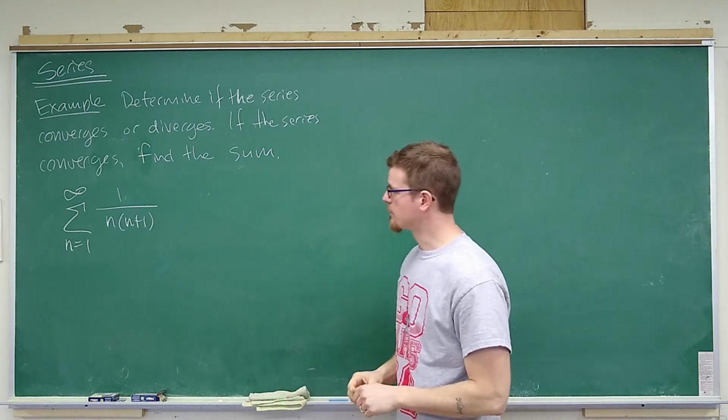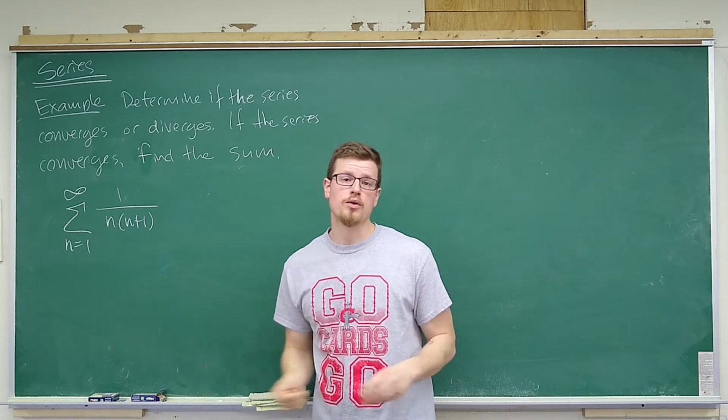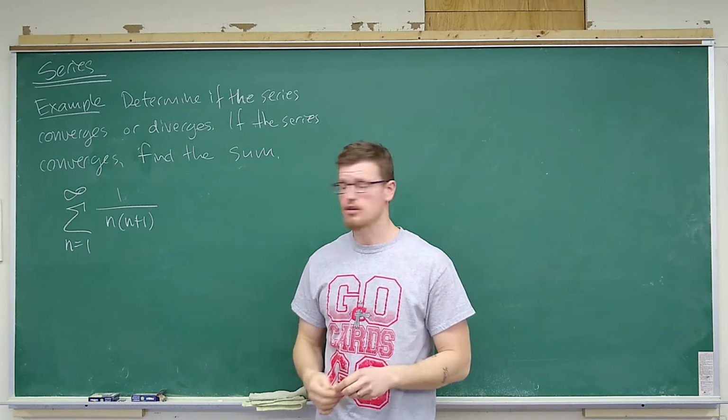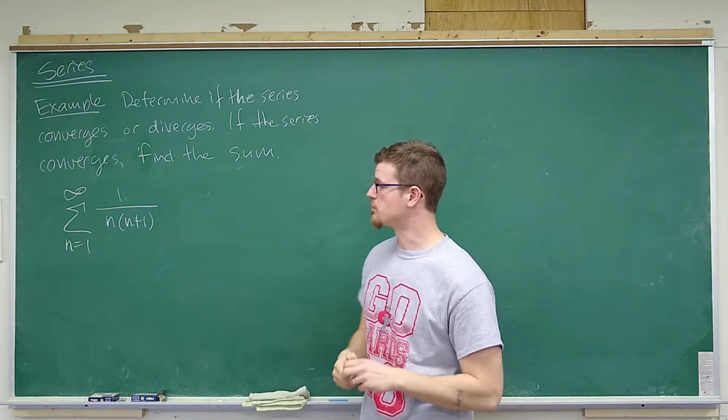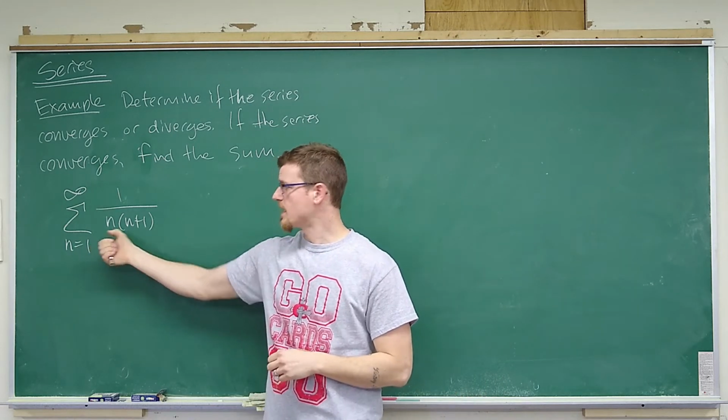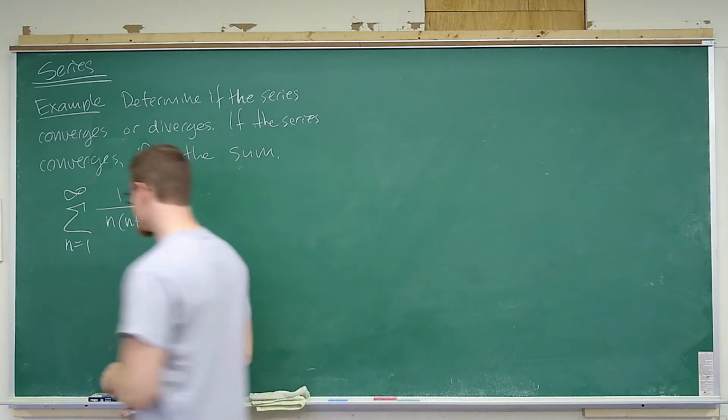Now, to determine our convergence in this case, we're actually going to want to use partial fractions. So we're going to take this one fraction and rewrite it as the sum or difference of two fractions having denominators n and n plus 1.